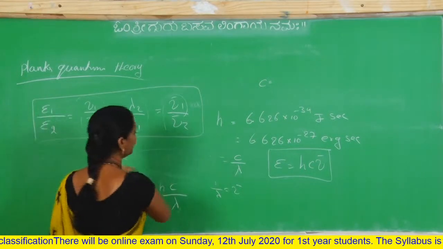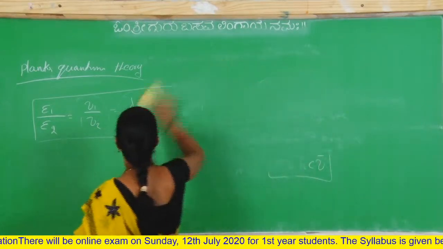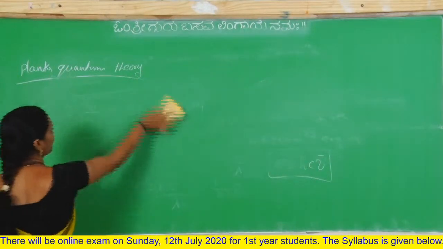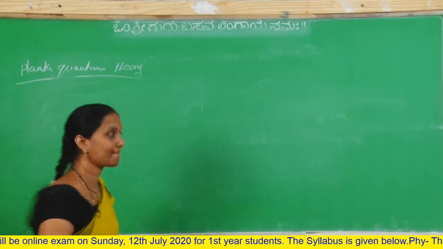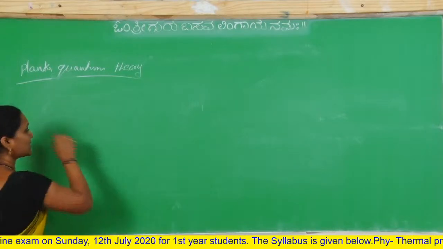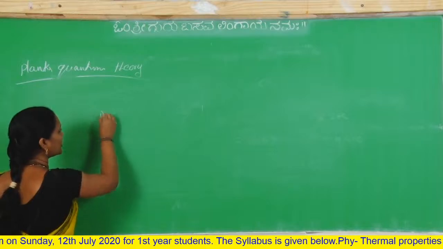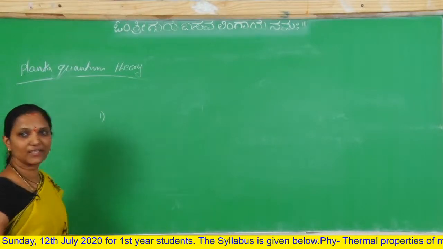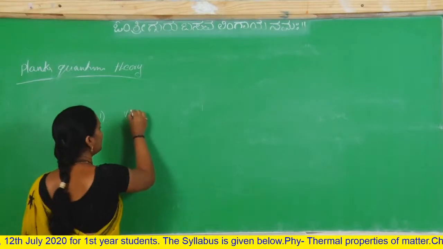Now one question. One theoretical question, one problem. First answer this theoretical question. Electromagnetic radiation with the highest energy. First option, visible.